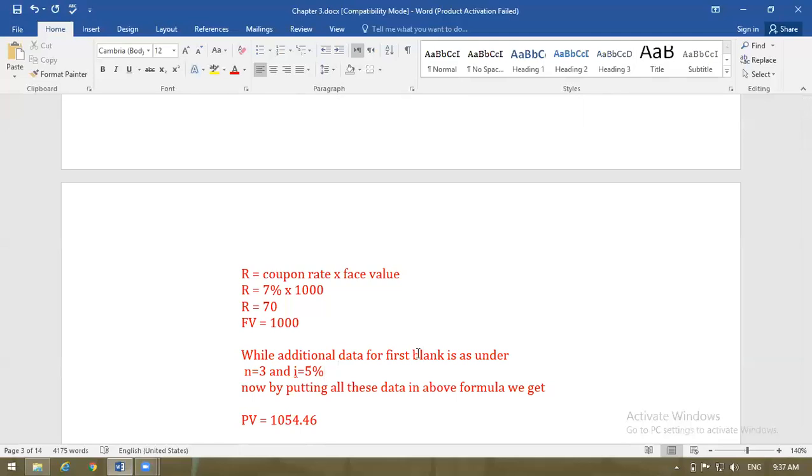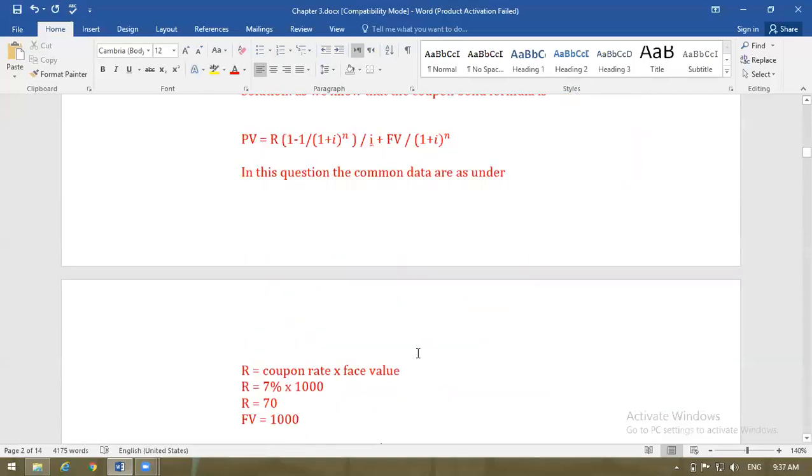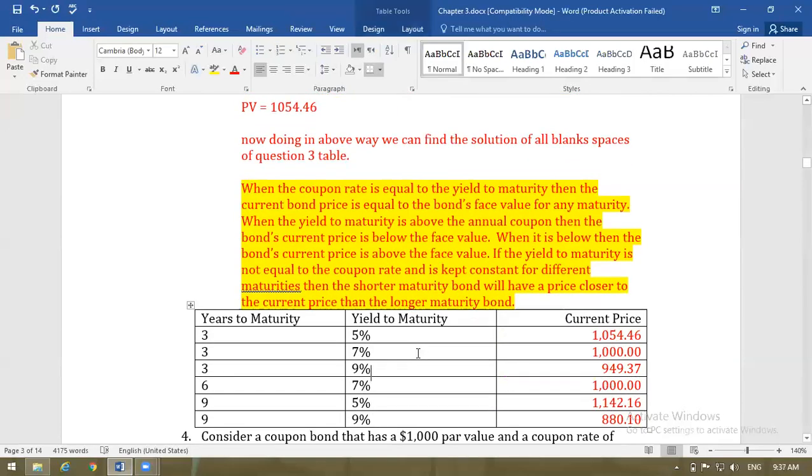Now by putting all this data in the above formula, we can easily get present value equal to 1054.46, which we found for this first row. In the question, what is given to us?